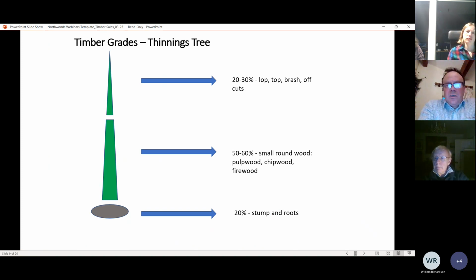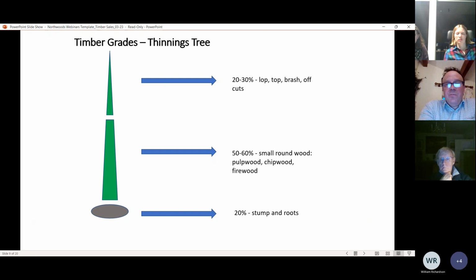This is a simple model that explains where the value of the tree comes from. Now, depending on the stage of the growth of the tree, if it's a 20-year-old first thinning tree, the percentage of chipwood can be quite high, whereas if it's a 3rd or 4th thinning of mature spruce or very good quality conifer, you can have probably 70–80% of the value coming from saw logs and 20–30% coming from small roundwood.